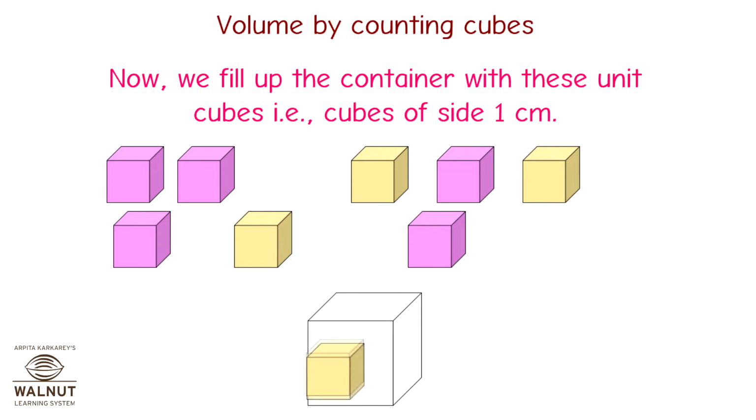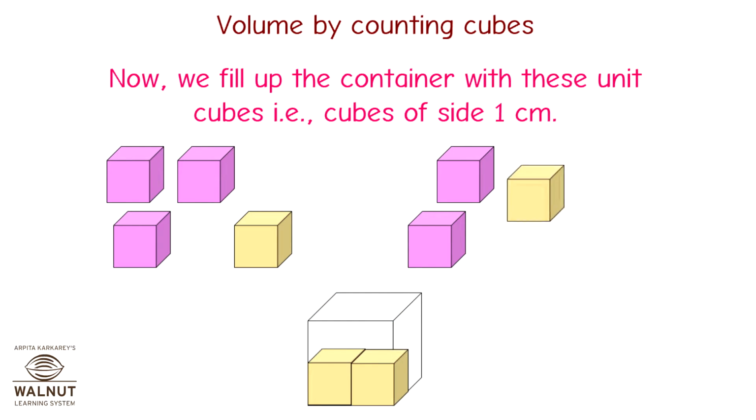Let's start with yellow cubes. First, put 1 cube, then second, third, and then fourth. We could put only 4 cubes. So the base is filled up. We can say this is the first layer of yellow cubes.